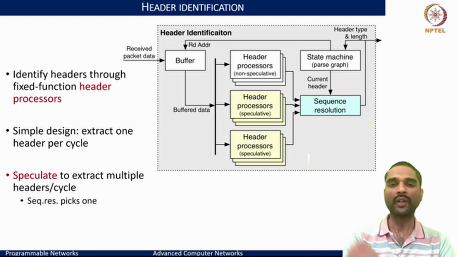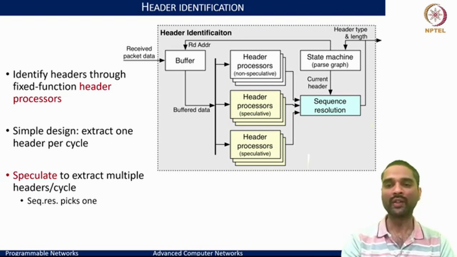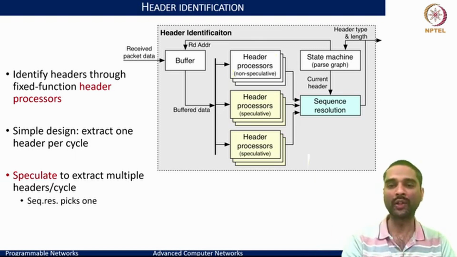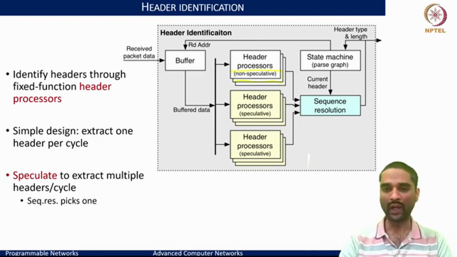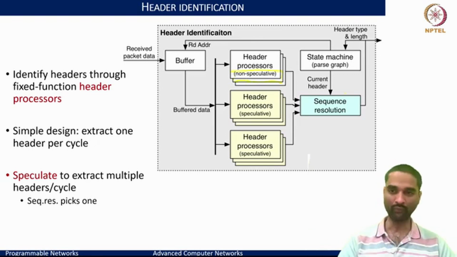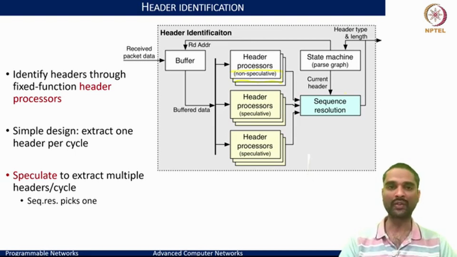So there is a common buffer where the headers are processed, the ones that you have matched in a non-speculative manner, which are the confirmed headers that we have seen. And for all of these, we would have the sequence of operations in terms of what matches and what actions need to be taken.